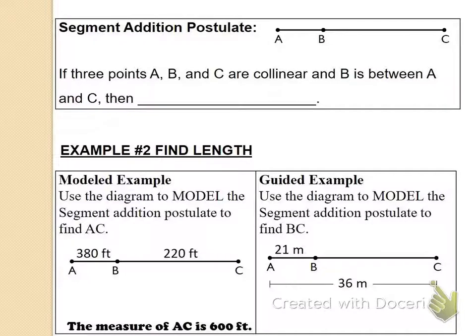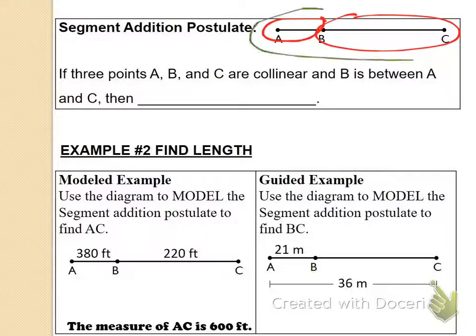So we have what's called the segment addition postulate, which means that if we have two segments that are sharing an endpoint, like that guy and that guy, and they are collinear, right? Those segments need to be collinear on the same line, then we can add those two segments together to create a new segment. So if we add segment AB to segment BC, then physically we would create segment AC.